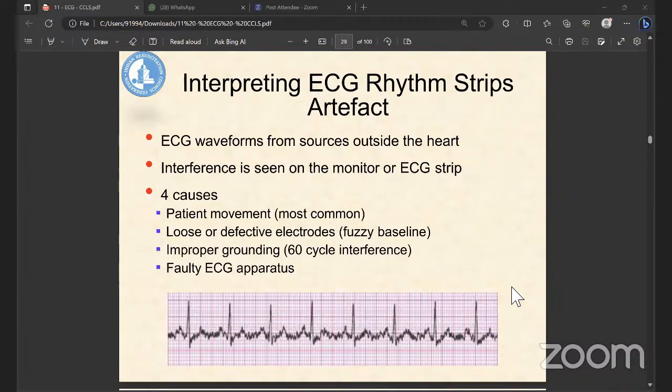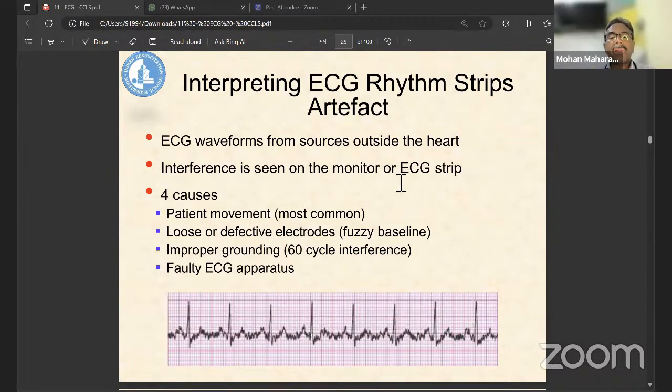Okay. So, interpreting ECG rhythm strips: artifacts. When there are abnormalities or problems, how do we see them? You will have artifacts for these reasons. One, the patient is moving, which is the most common. Second, the electrodes you place are loose or defective and not working.